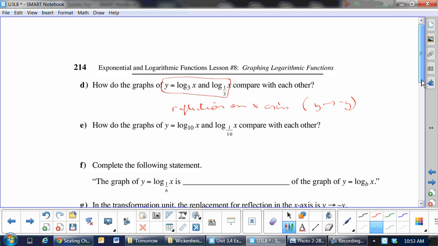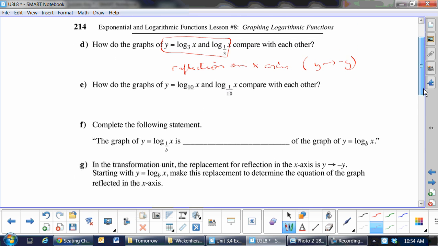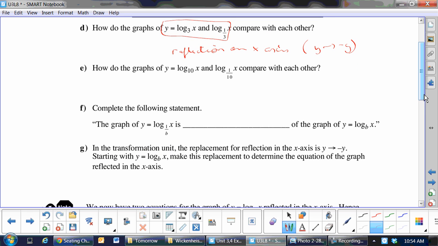We don't have to go through there. So, the moral of the story, I guess, is when you have the graph of y equals log base 1/b of x, that is a reflection in the x-axis of the graph y equals log base b of x.